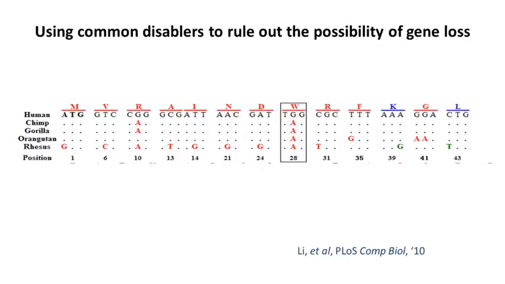Here, chimpanzee, gorilla, orangutan, and rhesus monkeys all have the same nucleotide A, which resulted in a stop codon. It is highly unlikely that all these 4 primates independently had the same G to A mutation. It is a lot more likely that the ancestral nucleotide was A and human had an A to G mutation. Thus, it is a lot more likely that human acquired a new open reading frame here.